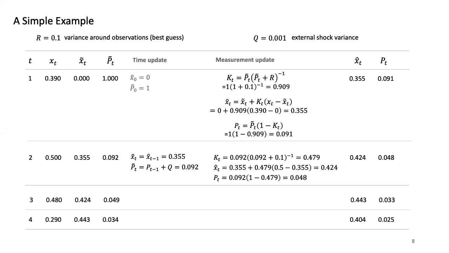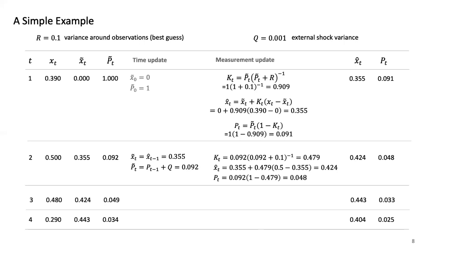I put p0 a slightly larger number. In this case, I set it to 1 because, knowing that my x0 is essentially completely arbitrary, I would like to place more weight on that very first observation that I'm going to take in.